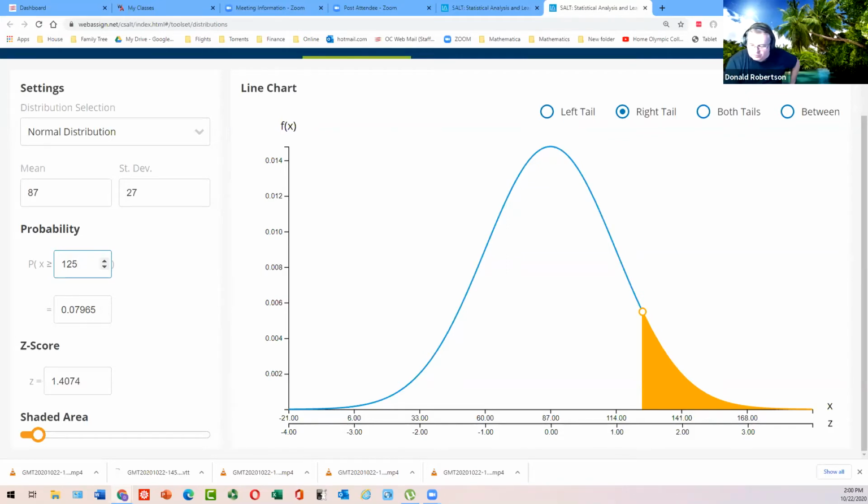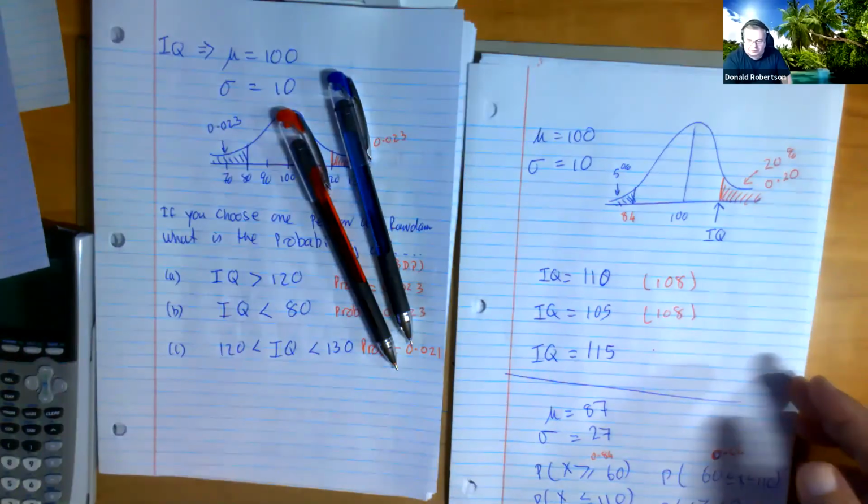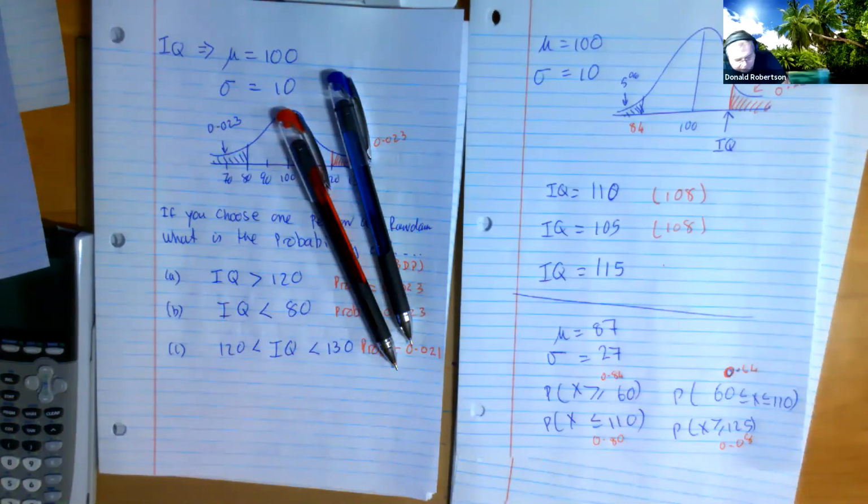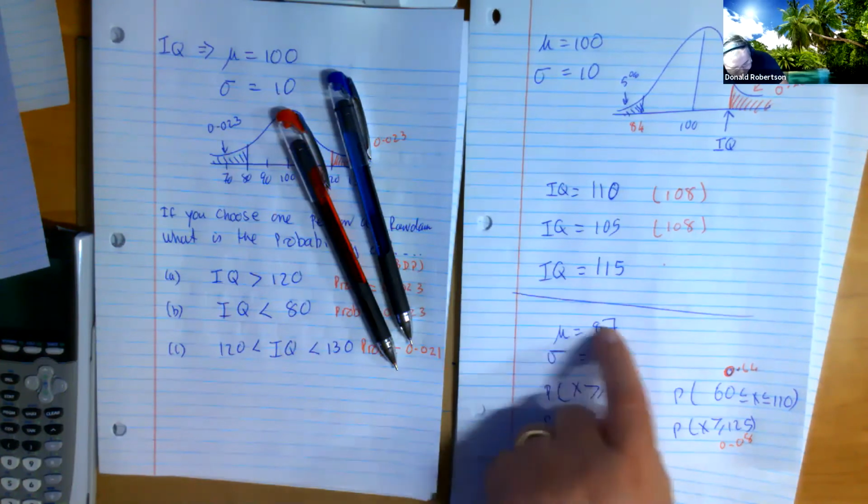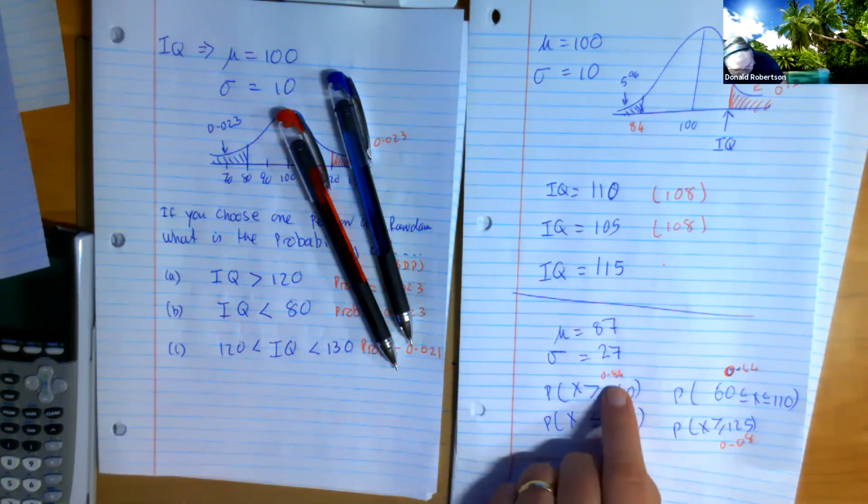Okay, let me return to our written stuff. See what we can get out of this. If you look at the blood sugar level for the typical adult, using this mean and standard deviation, about 84% chance that you have a glucose bigger than 60.